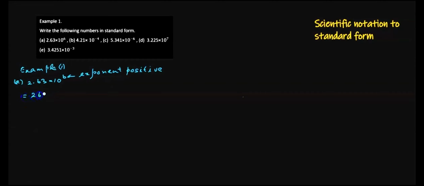When it is moved 2 places, we get 263. Now we have to move another 4 places, so we add 4 zeros to 263. Then we get 2,630,000.